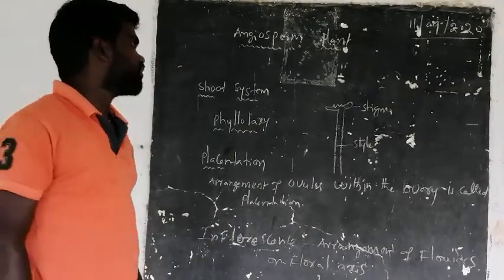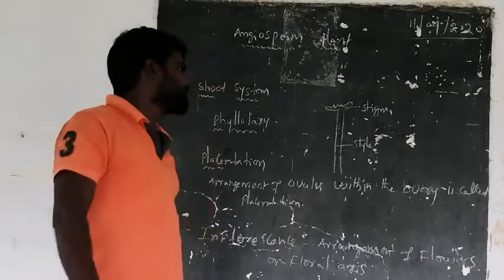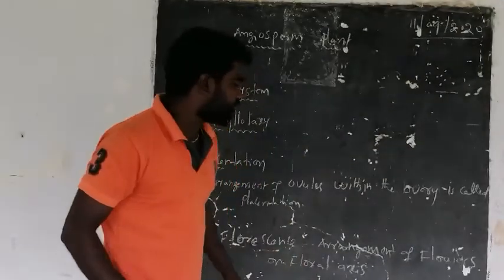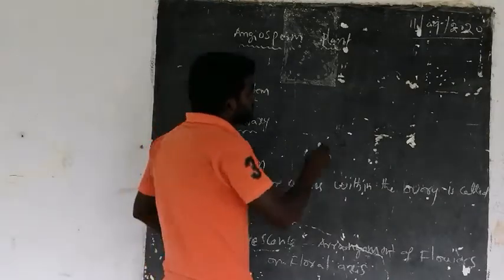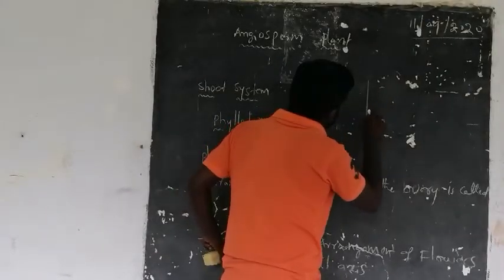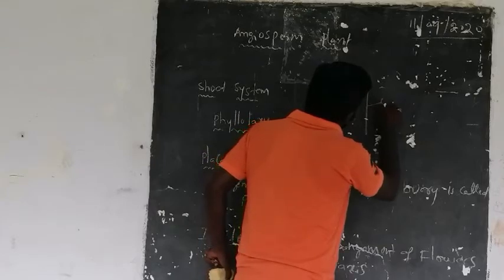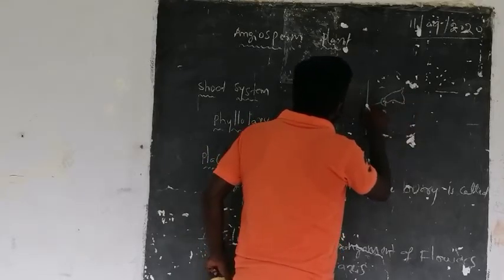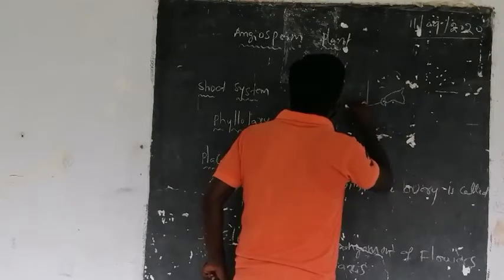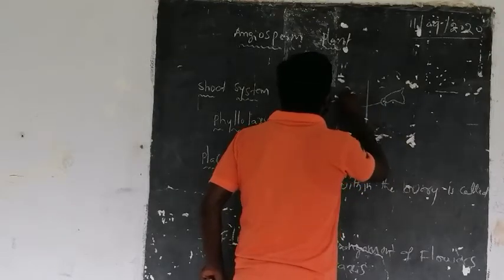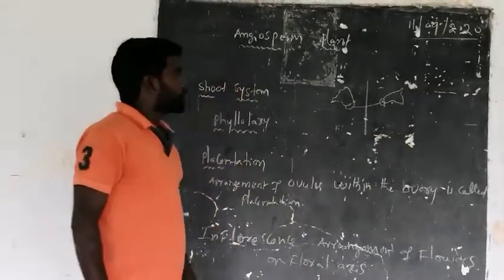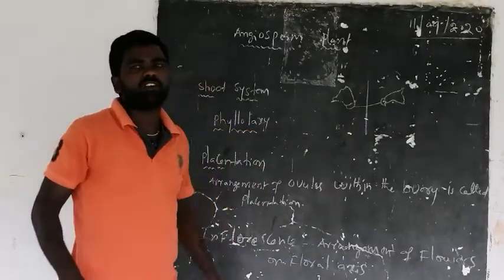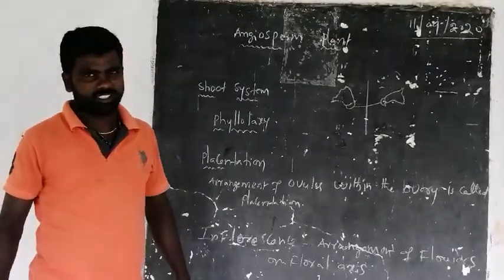There are 2 types of inflorescence: cymose inflorescence and racemose inflorescence. Let us see a rough diagram of this inflorescence. Here, this is the stem, and this type of arrangement of flowers is called cymose inflorescence.